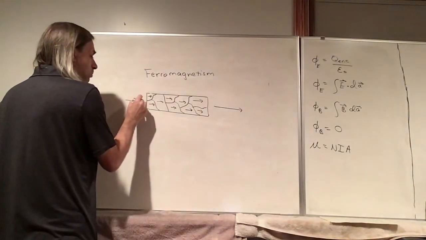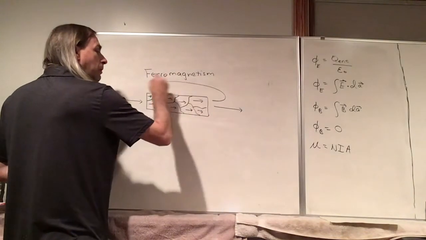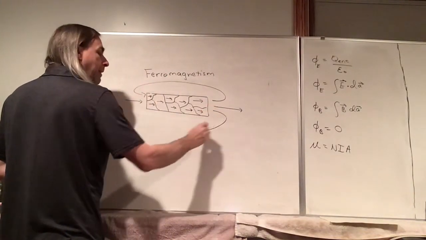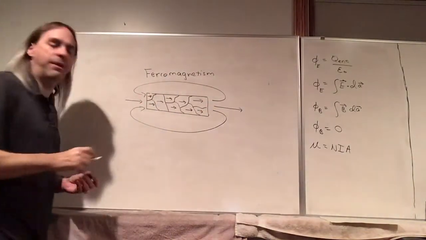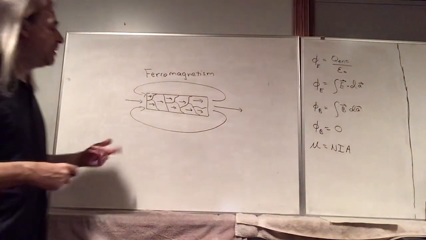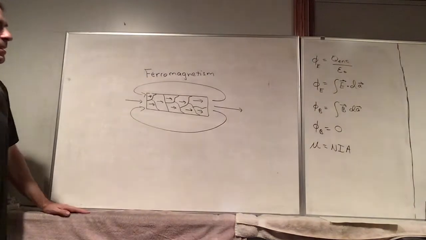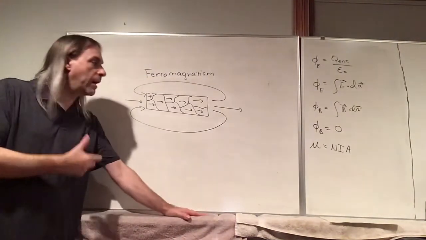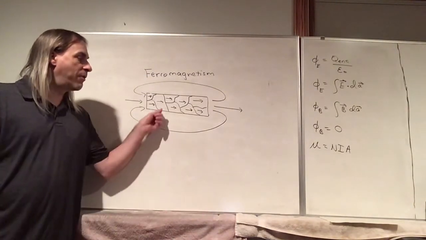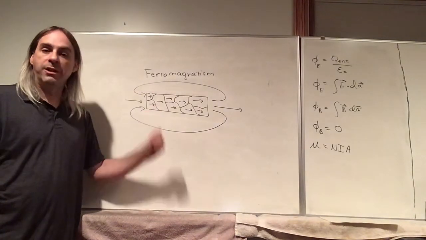So you will now have a permanent magnet. Permanent might not be the right word to use here, because it depends on these domains being lined up, and they will tend to stay that way, at least for a very, very long time. However, you can scramble this back up.